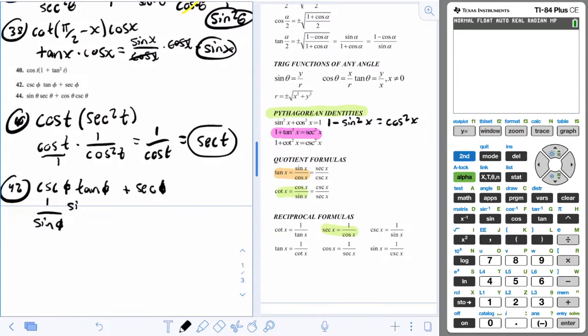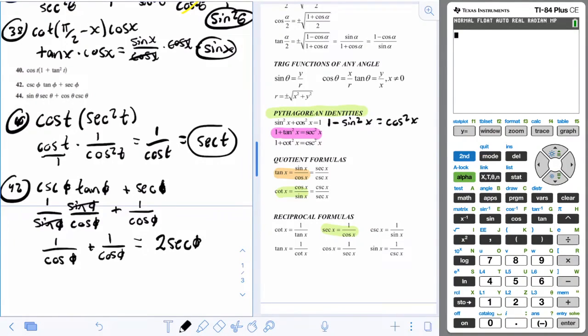We know tangent is sine over cosine. And then secant, I'll go ahead and just do it, 1 over cosine phi for now. So the sine in the numerator and the denominator can cancel out, so I end up with 1 over cosine of phi plus 1 over cosine of phi. So I actually have two of the same expression. Now, 1 over cosine is secant, so I'm just going to make these secant plus secant. Now there's 2 of them, right? So this should be 2 secant of phi.